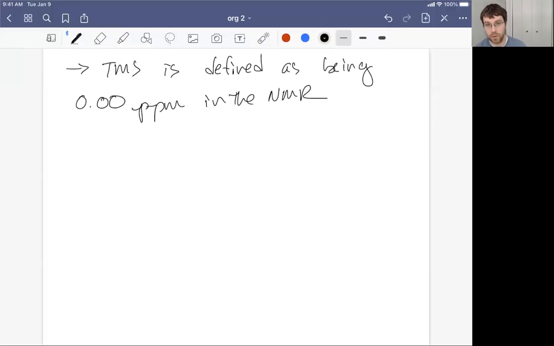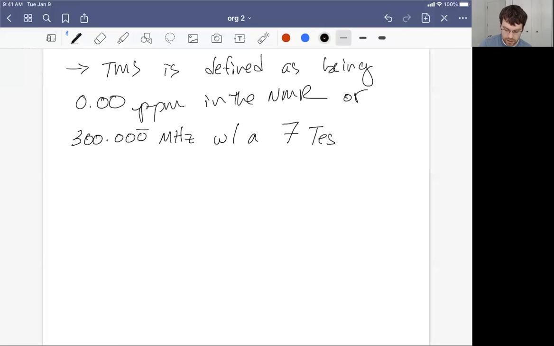Okay, so this is our reference peak, 0.00 parts per million. Or, if you want to go into megahertz, 300.000 forever megahertz with a 7 Tesla magnet.